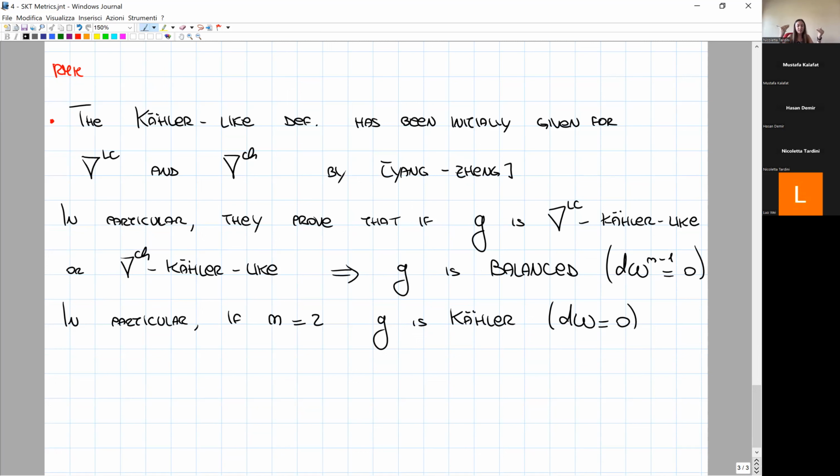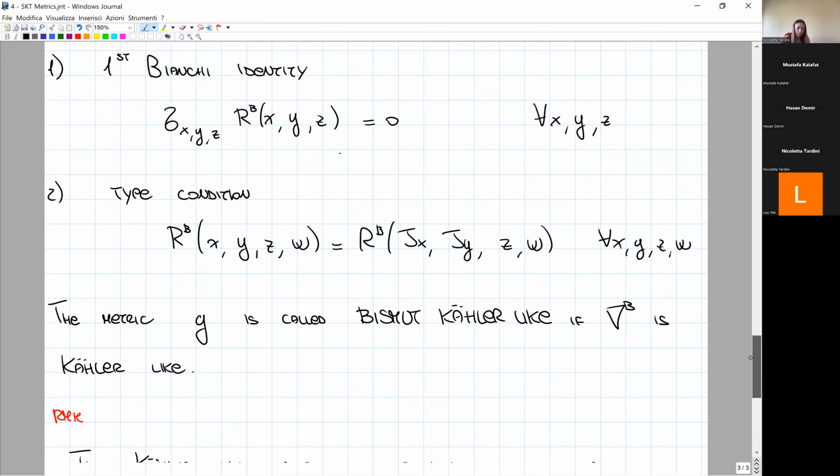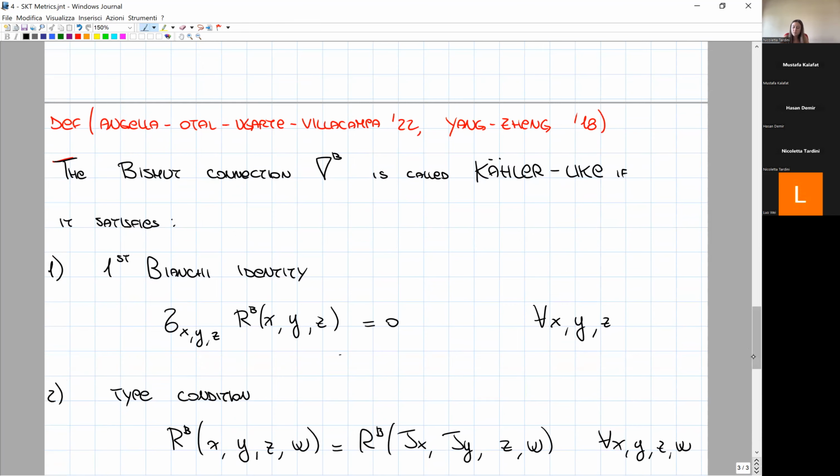First, it was given for the Levi-Civita connection and the Chern connection. Then Angella, Otal, Ugarte, Villacampa are the ones that gave this definition for the Bismut connection.